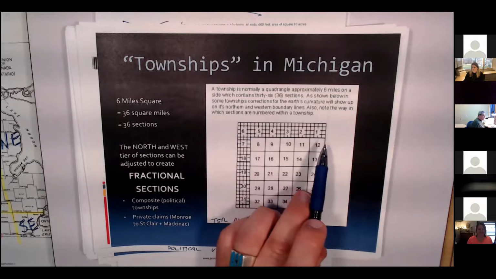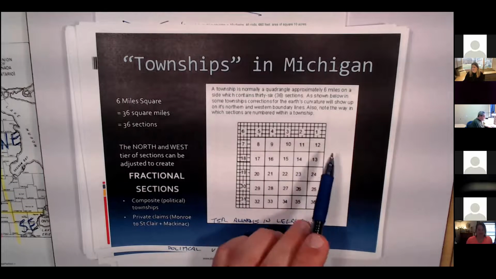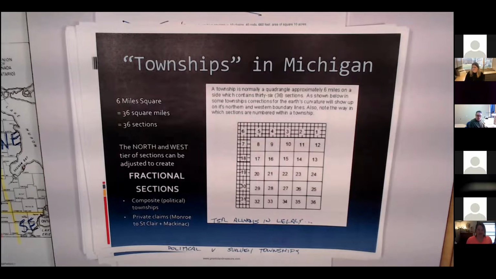Anyway, because the earth is curved, they do at some point have to deviate from everything being square to make up for that curvature. And that is done in what they call fractional sections.